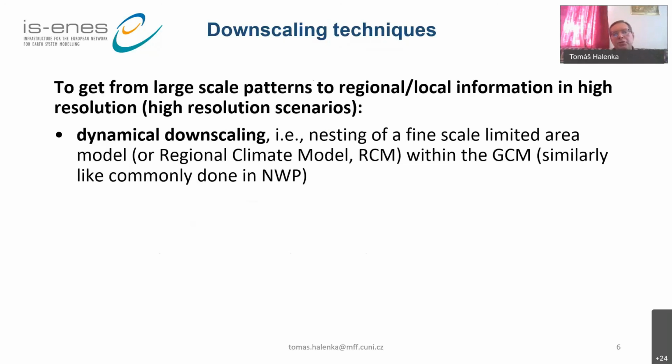We are talking about a regional climate model within a GCM. That's quite a standard procedure. There are some opinions on whether this is really fair and possible to do. The practice shows that it works quite well.